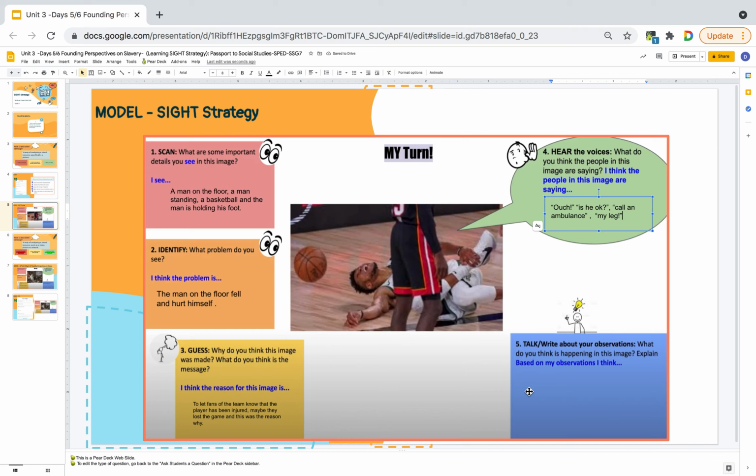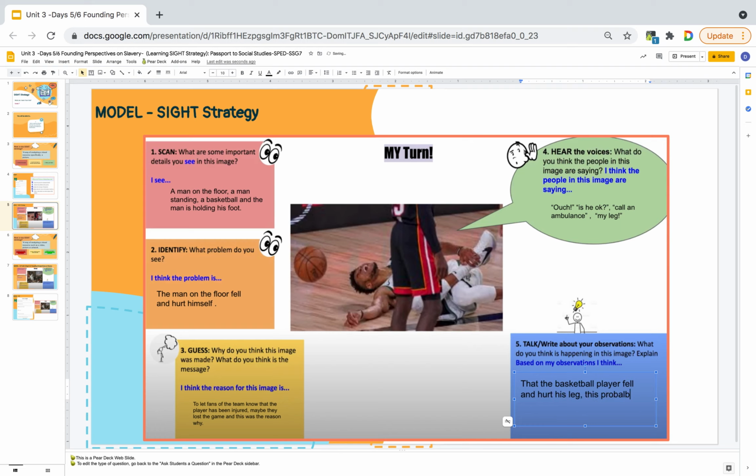Then, taking everything that we have annotated here, we want to be able to write about our observations before we talk about it with our peers. So what do you think is happening in this image? Explain. Based on my observations, I think that the basketball player fell and hurt his leg.